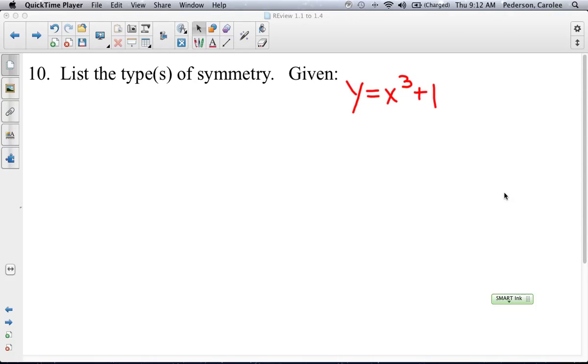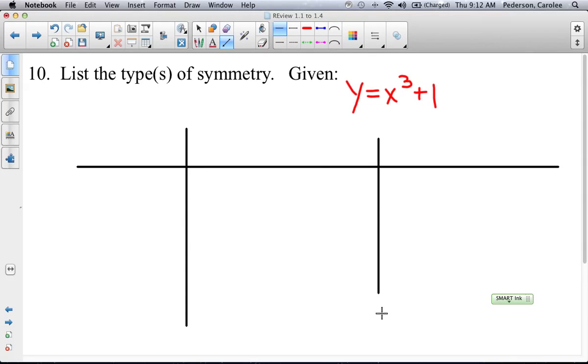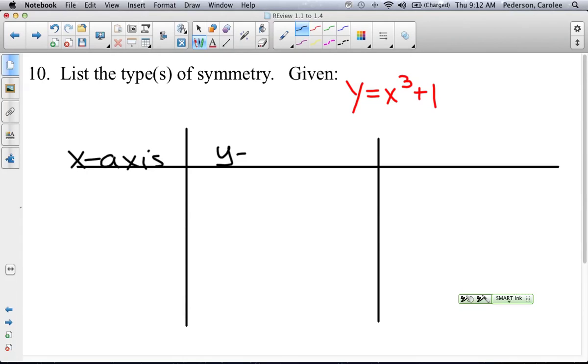All right, question number 10 from the review on 1.1 to 1.4. We want to test for symmetry, so we have x-axis, y-axis, and the origin.